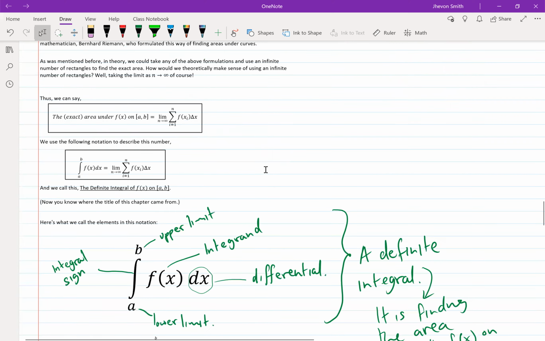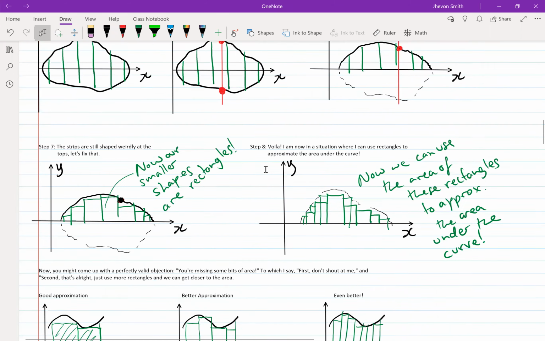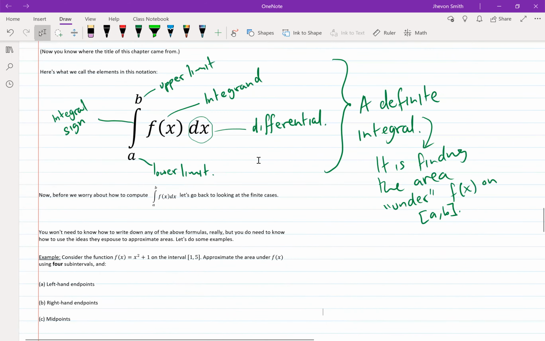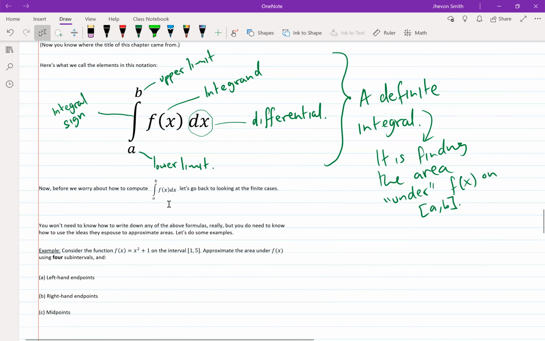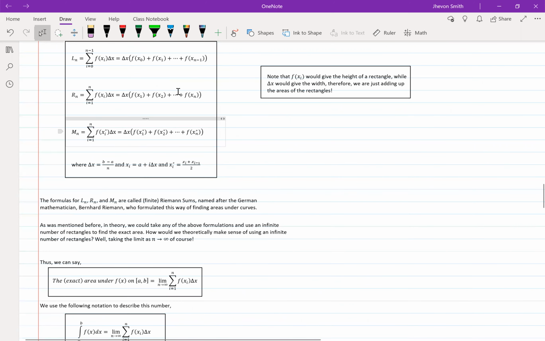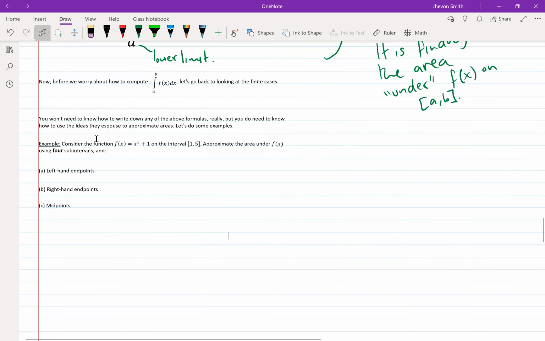I just wanted to talk about the idea behind what we're doing and give you some context. As for what you need to be able to do on paper, I'm going to show you how you can figure this out without having to memorize any of these formulas. So I might give you a function and the interval, and tell you to approximate the area under this function using 4 subintervals.